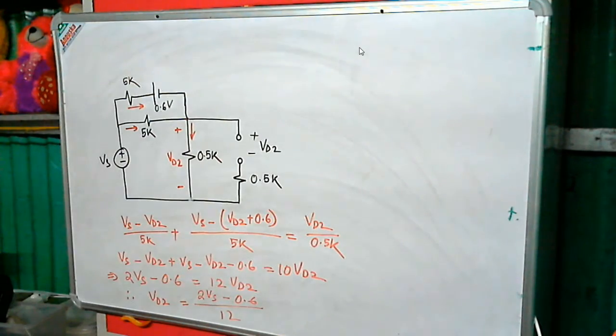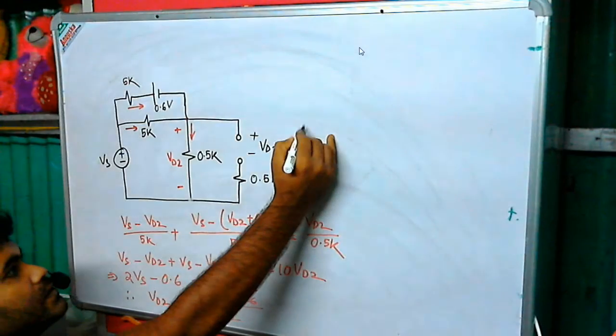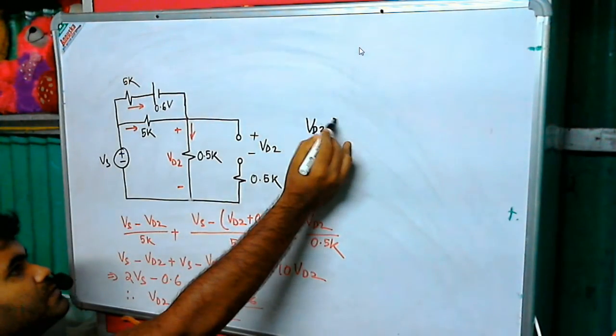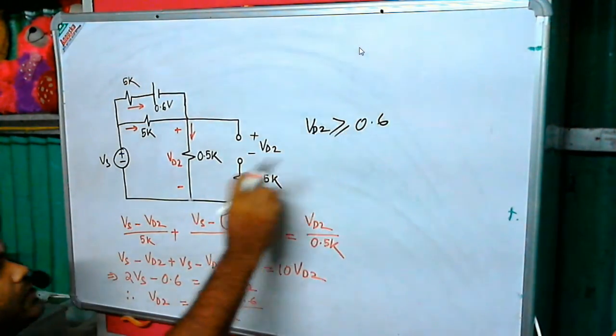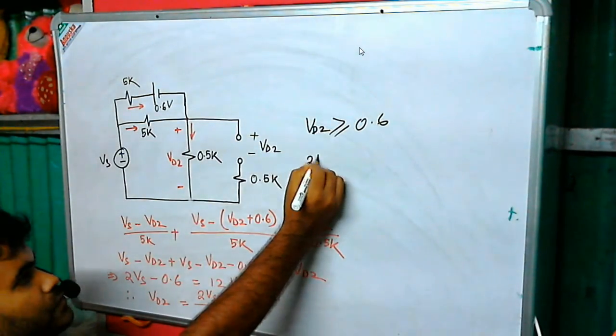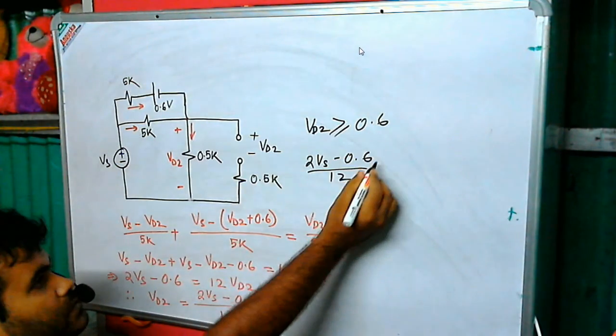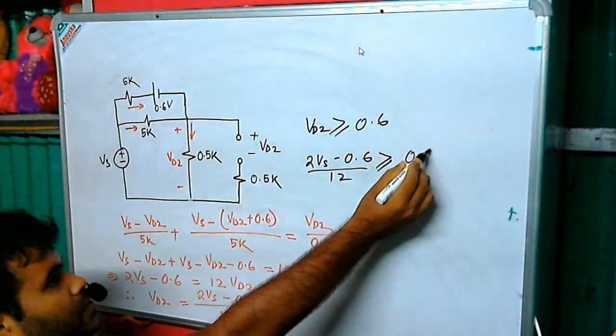Now this VD2 must be greater than or equal to 0.6 in order to turn on this diode. So you can put this value: (2Vs minus 0.6) divided by 12 is greater than or equal to 0.6 volt.